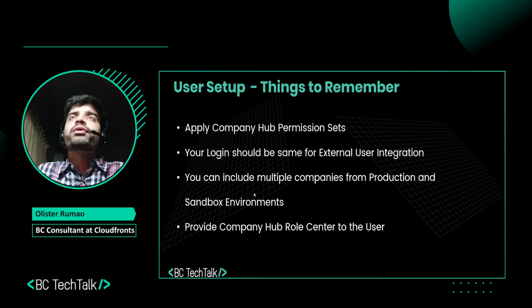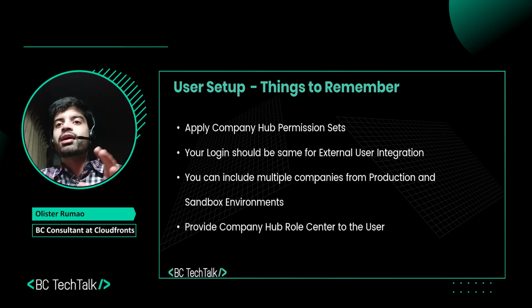Things to remember for user setup: first, you need to give the appropriate permissions. Second, you need to make sure that the user having access in one tenant with a specific account has the same access with the specific credentials in another tenant, which means I have to set up the external accountant in such a way that, for example, if I'm logged in as Olister at the rate org1.onmicrosoft.com, using that same account I should be able to log in into my different Business Central tenant.